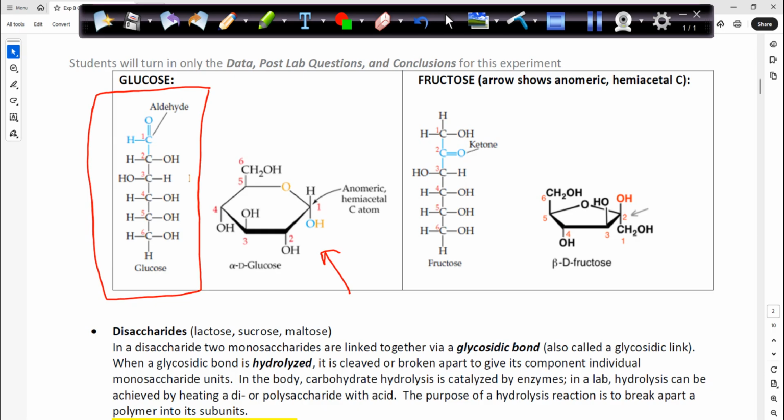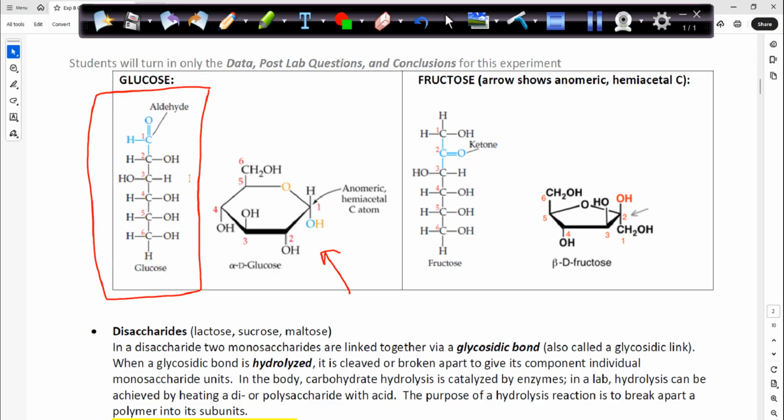That's a real 3D. The flat ring is like this, with the H's and the CHOH sticking out and sticking down. So this is glucose, and glucose by far is the backbone of carbohydrate. When you speak about carbohydrate, you speak about glucose, because it really contributes to all types of sugars themselves.